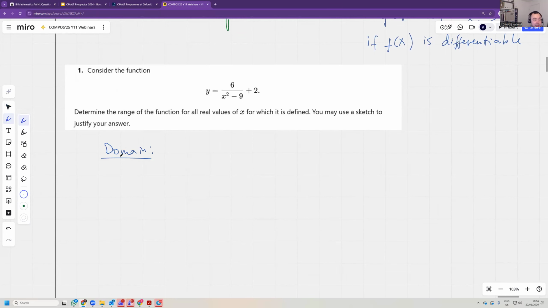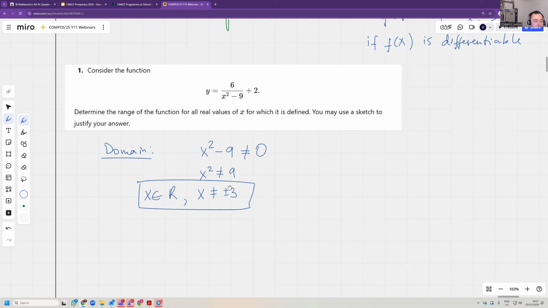So x squared minus 9 must not equal 0, or otherwise x squared must not equal 9. So x must not equal 3 or -3. Otherwise, x is any real number.